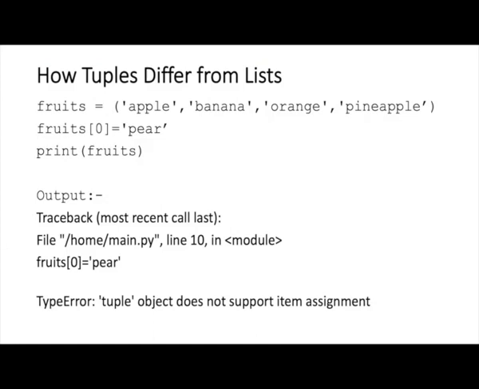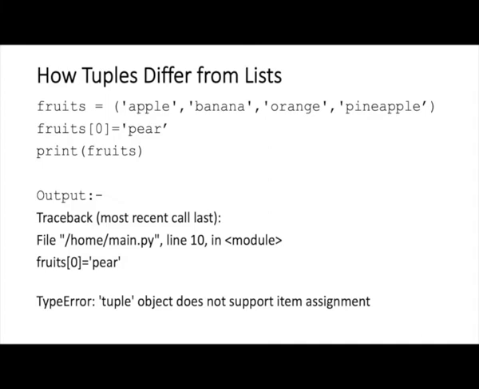In this figure, I have demonstrated how the program behaves when you try to update an element in a tuple. Here you see that we are creating a tuple by the name fruits. We have taken the same fruits tuple, with 4 elements: apple, banana, orange and pineapple.